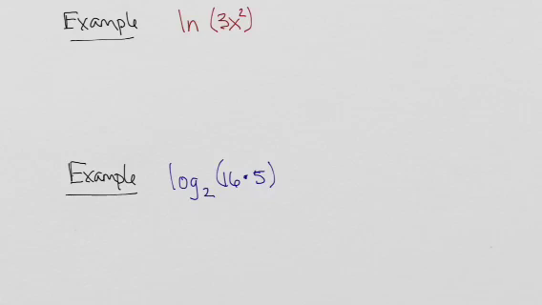Alright, these ones got a little twist in this one as well. Because what I'm hoping that you're seeing is this natural log of 3x squared is really the same thing as natural log of 3 times x times x. That x squared is really 2 x's.